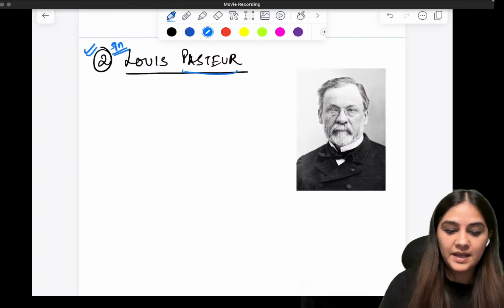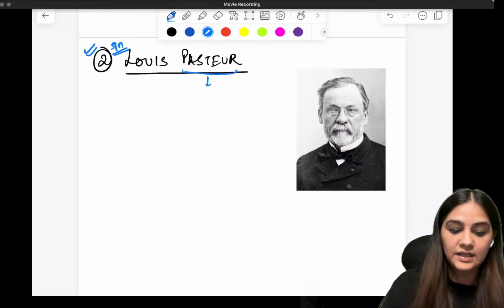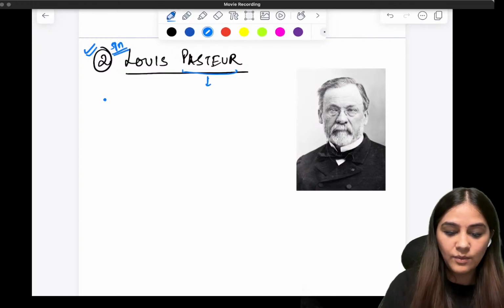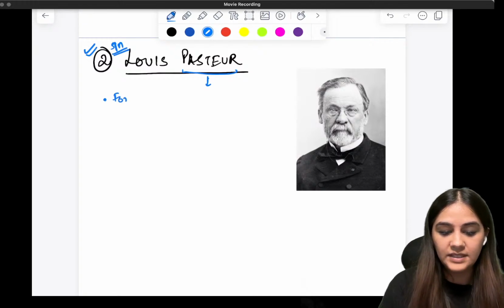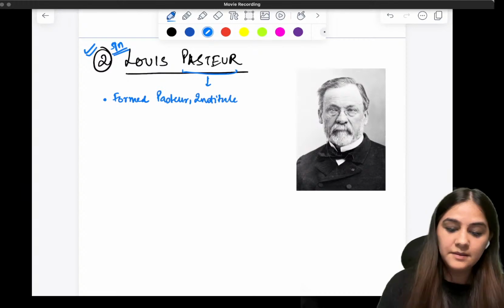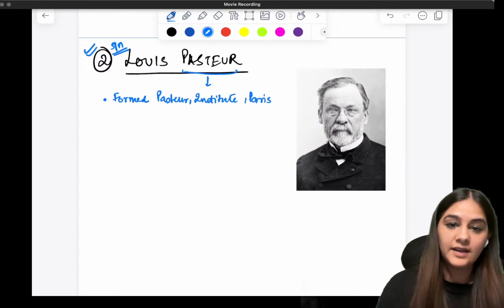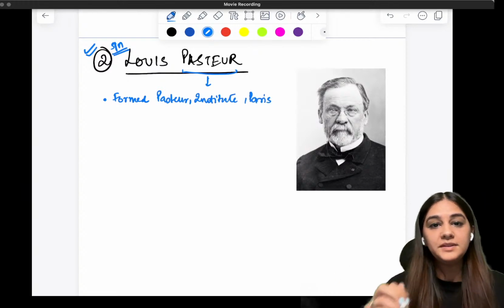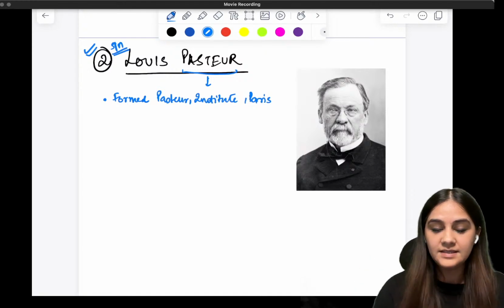His name has Pasteur, so let's start with that. He is the one that actually formed the Pasteur Institute in Paris. That is the first achievement: Pasteur formed the Pasteur Institute in Paris.